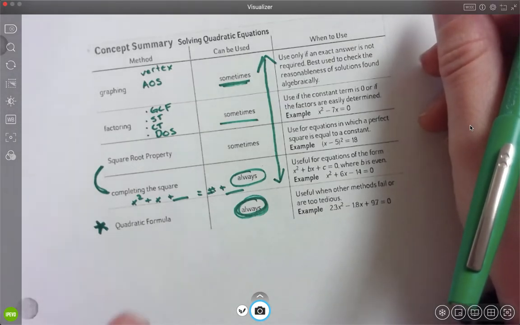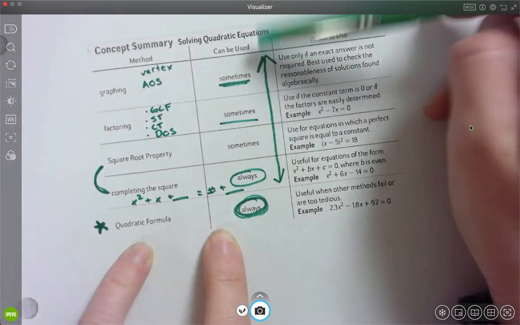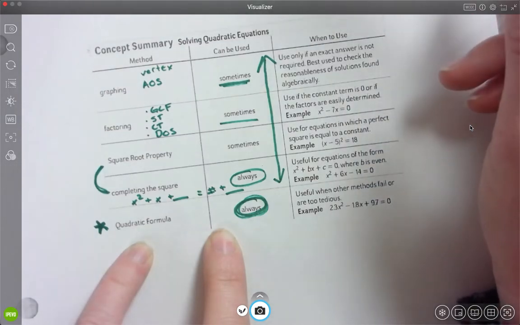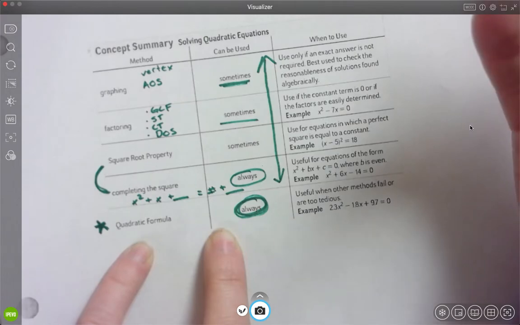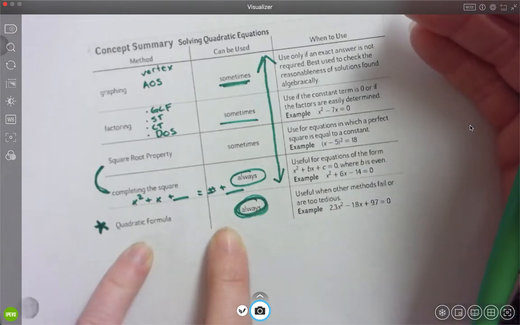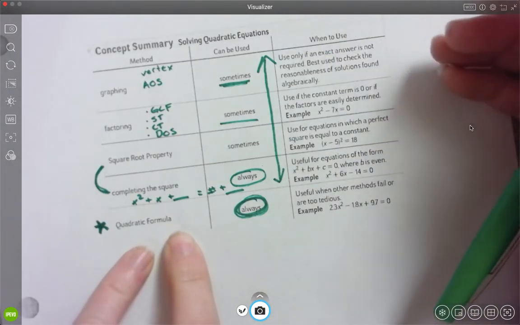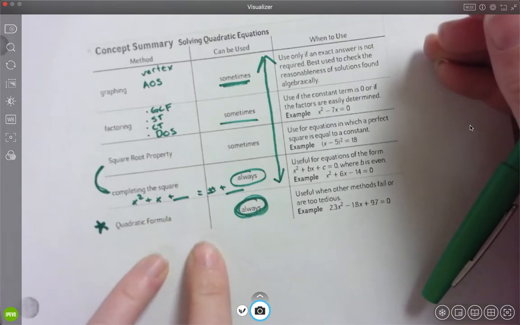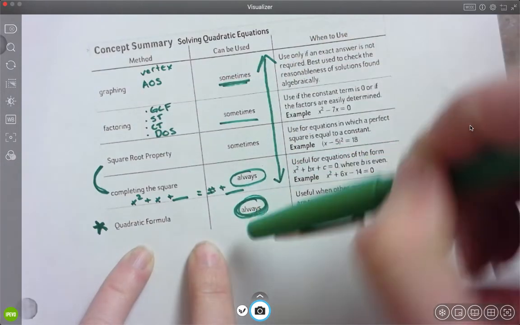You have to memorize the formula, but tomorrow when I come back, I'm going to play for you a song, and some of you have probably already seen it before, but I ruin a song for you, Adele's Rolling in the Deep from, God, 10 years ago. We play the quadratic formula to the beat of Rolling in the Deep, and that will help you to memorize it. So, moral of the story, if you're going to forget any one of these, don't let it be the quadratic formula. You need to always remember that guy, okay?